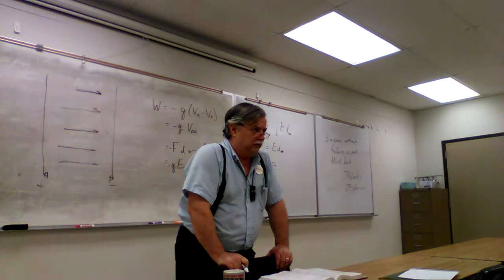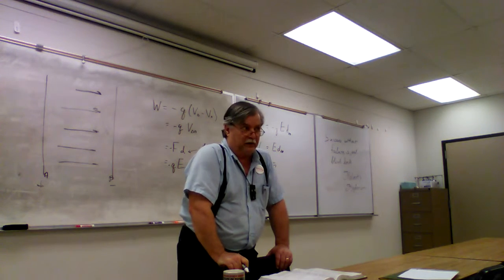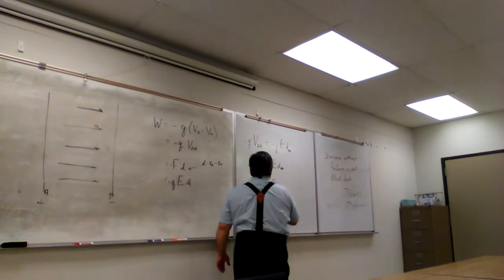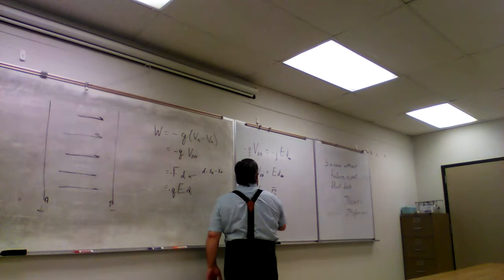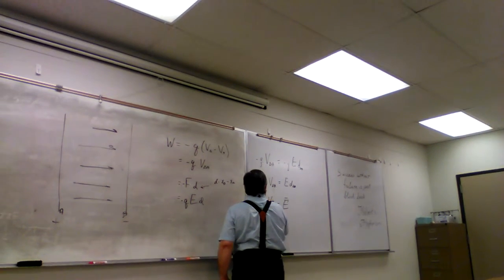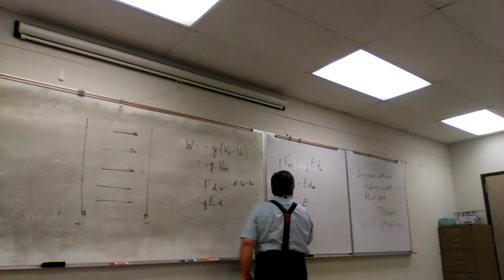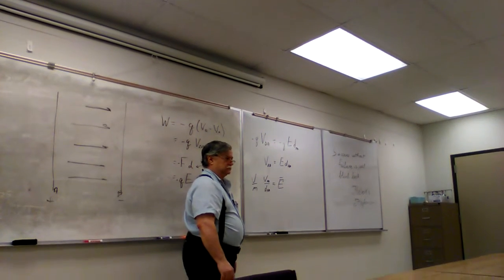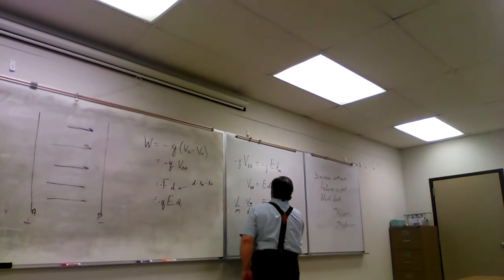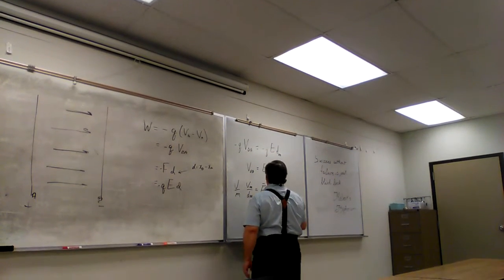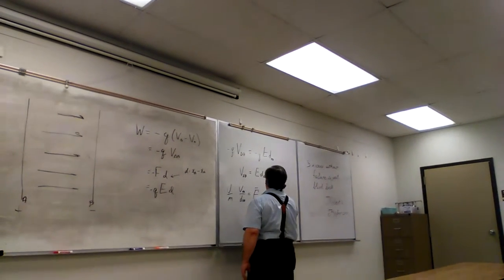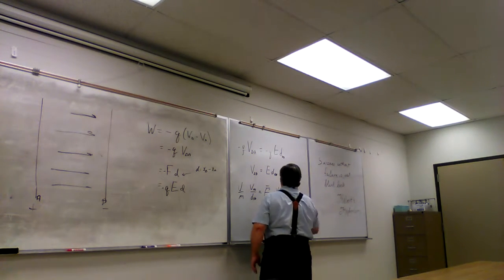So I want to take a minute and go through these step by step. What do we have here in terms of units? We have volts per meter, which means our electric field is volts per meter.